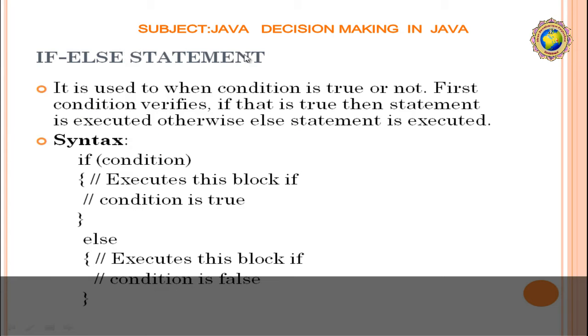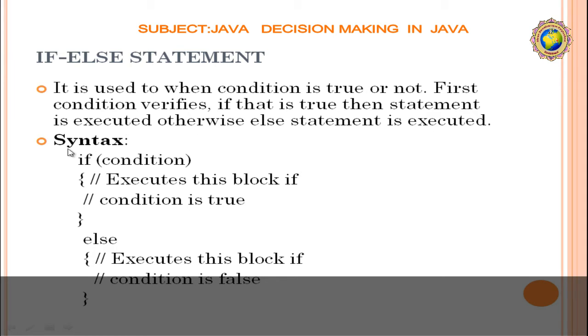Next, the if else statement. What does the if else statement mean? It is used when the condition is true or not. First the condition is verified. If that is true, then the statement is executed, otherwise the else statement is executed.